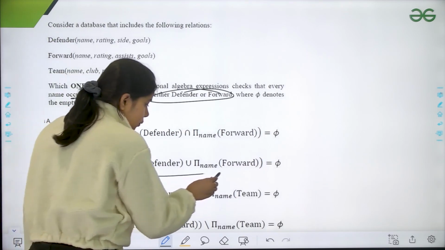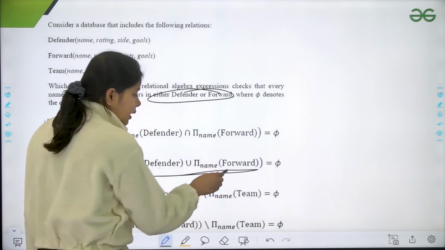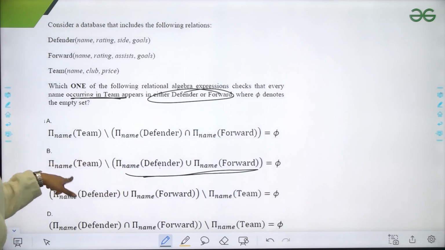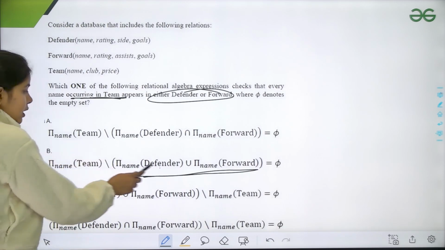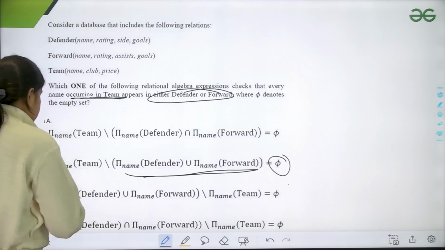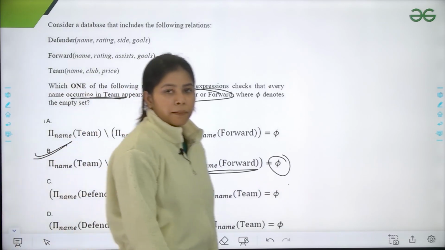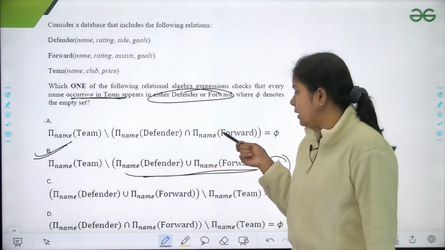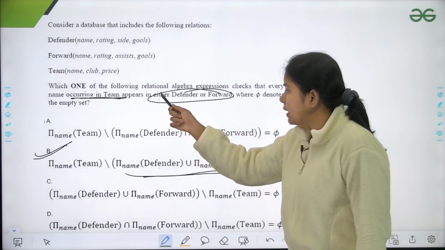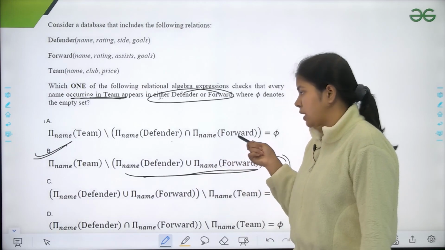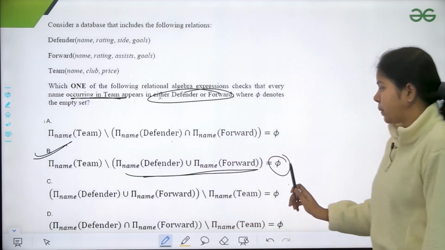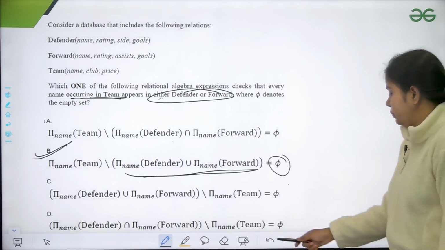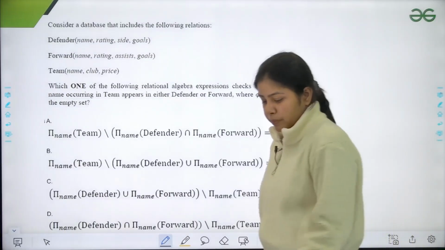What you are doing here is taking the union of defender and forward names, right? And then you are removing it from the team, right? So if you are getting an empty set, that means this is the correct option. Option B is correct. This option is saying either, but the other option is saying both, right? So that's why option B is true and these two are not at all true. Okay, so option B is true in this.